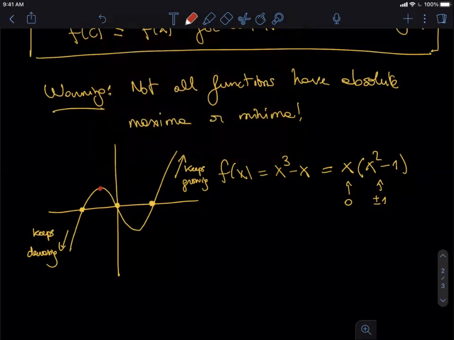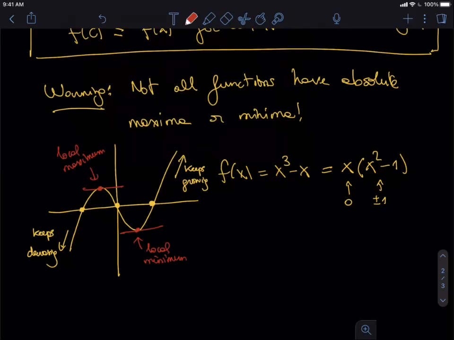we have these 2 points here, right, that are local extrema. This is a local minimum, and this is a local maximum.